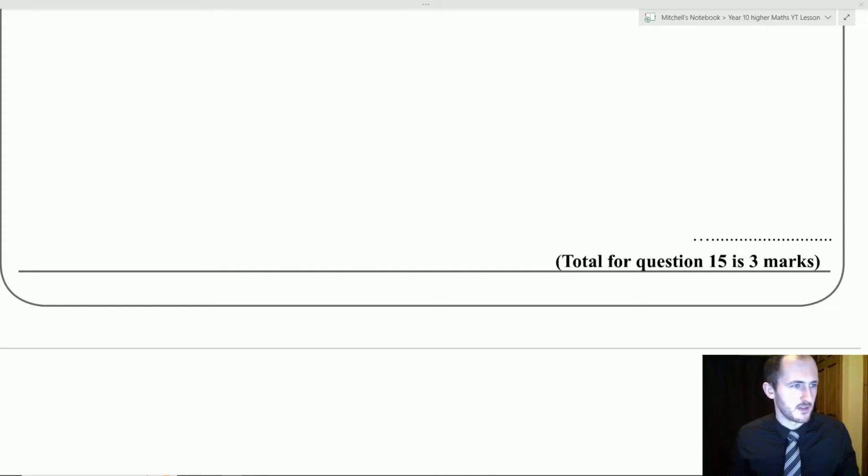I've got them saved, so it shouldn't take too long. But yeah, I apologise for that. Pages 7 and 8. Sorry about this. It seems to not have saved when I did it.